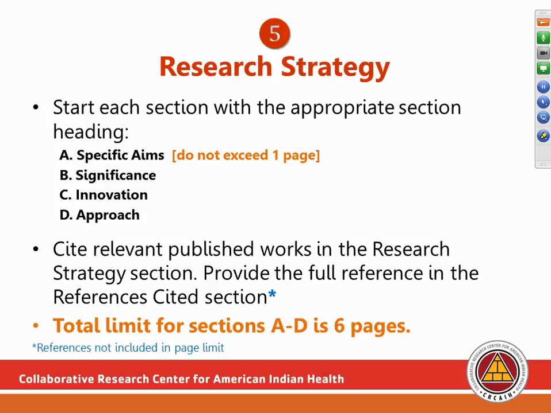Instructions for the specific aims and the rest of the research strategy are on pages 8 to 9 of the RFA. Relevant works should be cited in this section. However, the full reference should be provided in the references cited section, and they are not included in the page limit.